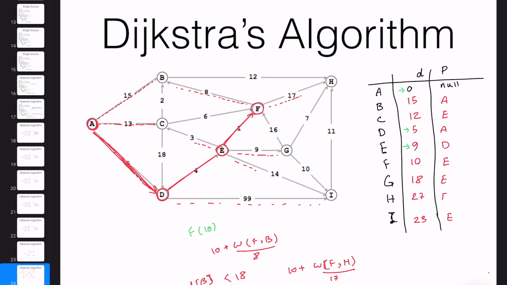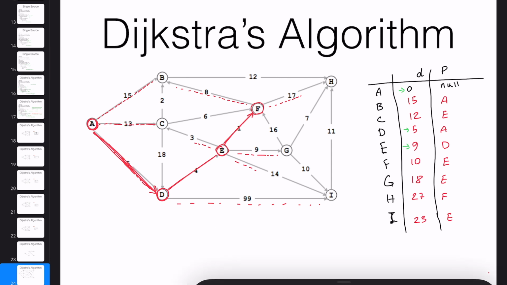And the parent will be set as F. Okay, and no other node can be updated. So we are done here. So I'm going to mark F as already removed.